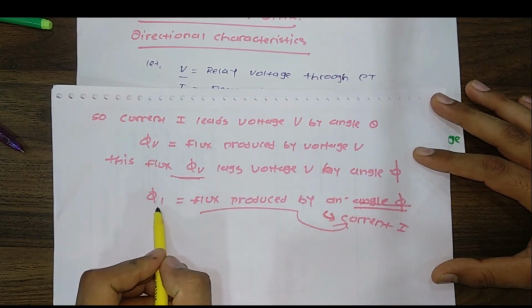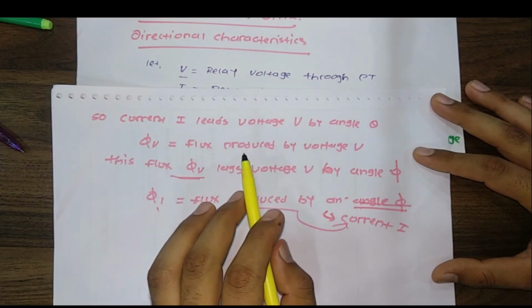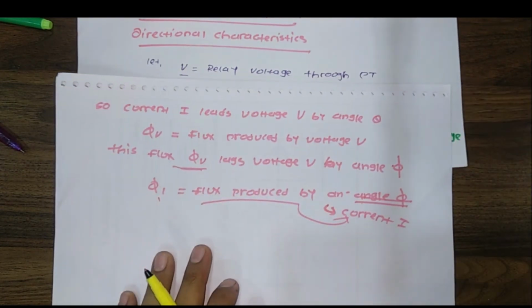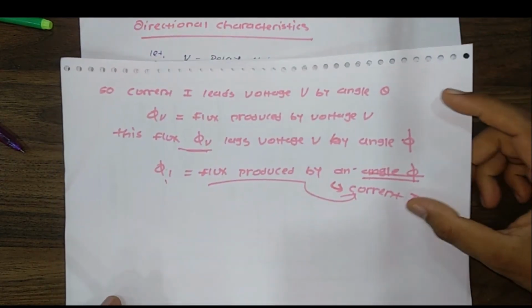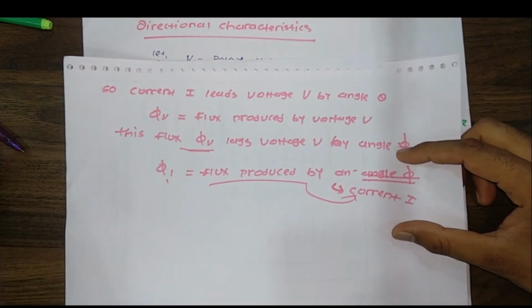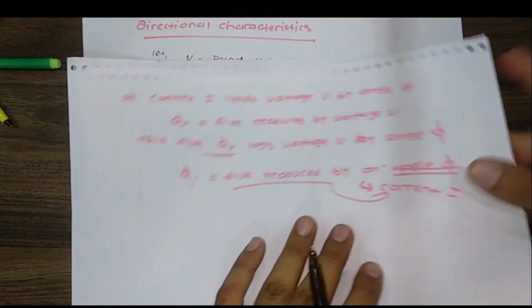So the flux phi 1 will be in phase with the current I. So the phasor diagram, let me draw the phasor diagram here.